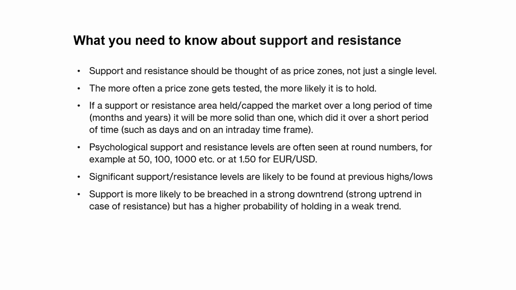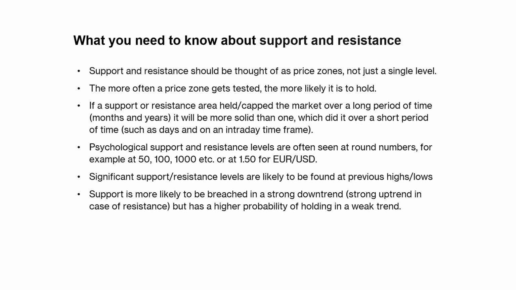Support is more likely to be breached in a strong downtrend, and in a strong uptrend, resistance is likely to be breached. Now, if we're in a weak trend, say for example we're in a weak downtrend and the support is holding, that is also giving you some information.